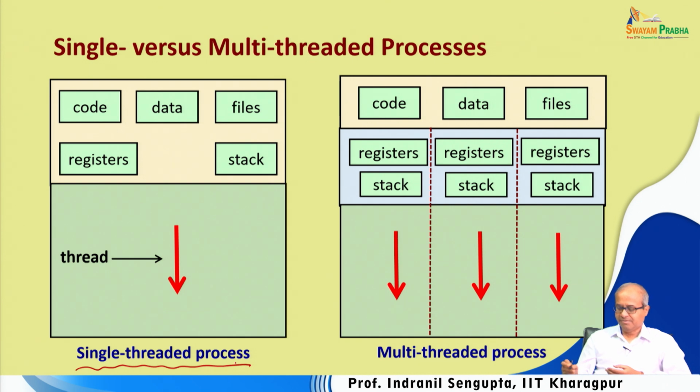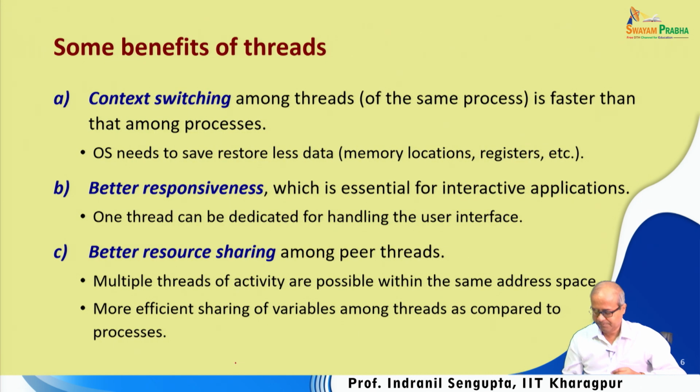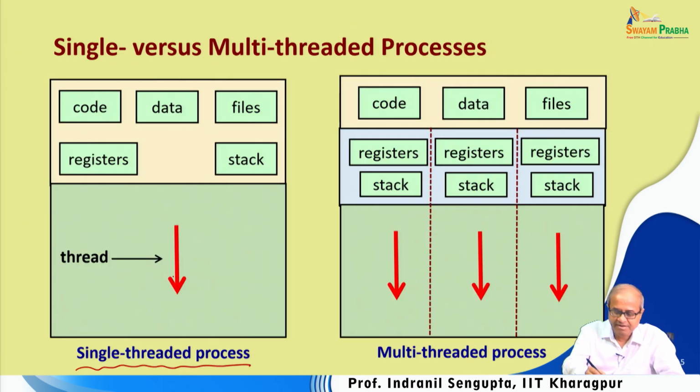Here this red arrow indicates a thread. For a single threaded process, there is only one thread, which means a single thread of execution, some sequence of instructions which are executed. That is shown by a single arrow.